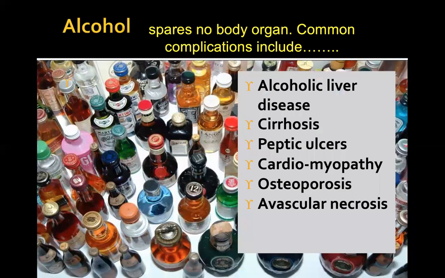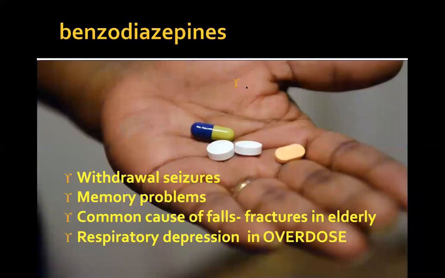Alcohol spares no organ. Common complications include alcoholic liver disease, cirrhosis, peptic ulcers, cardiomyopathy, osteoporosis, avascular necrosis. Now someone taking alcohol, then benzodiazepines.